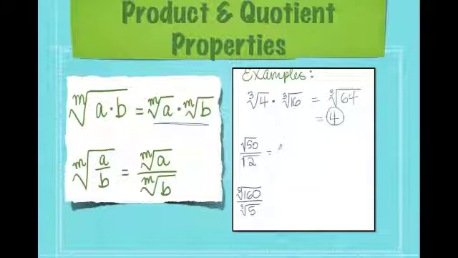Here, it would be convenient to write it under one big radical, because 50 divided by 2 is the square root of 25, which is just 5.